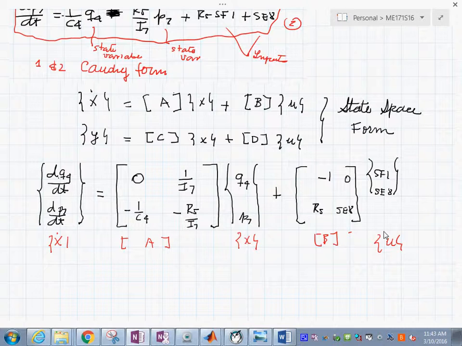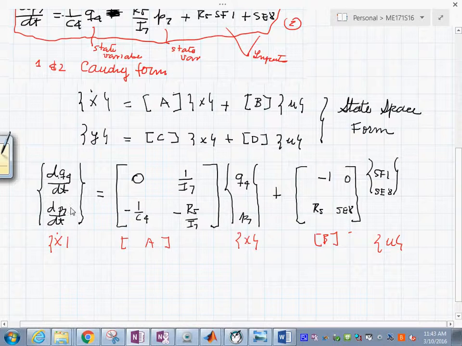This would be p sub 7 and q sub 4, and then plus the matrix B here times the other one, the SF1 and SE8, like this. Okay, let's go ahead and take a look at what it did, because we are already in here. Yeah, we had those two equations.